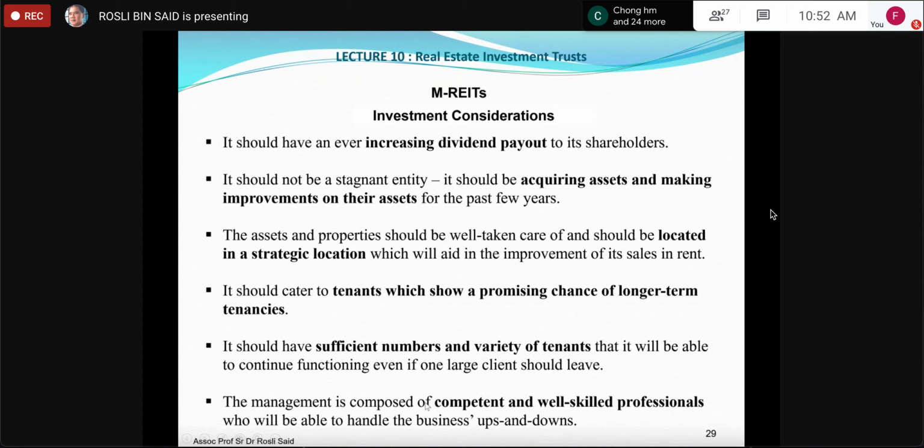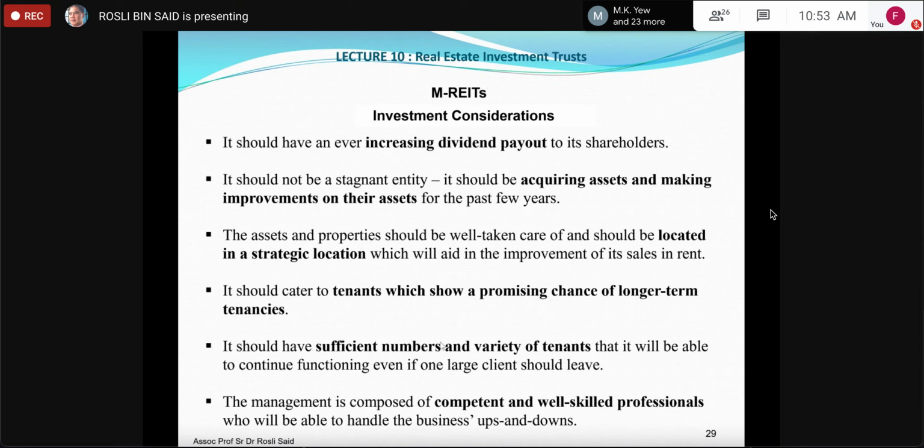And the management is composed of competent and well-skilled professionals. Look at the management. Who is it? Who becomes the REITs director? If Dr. Rosli Said becomes the REITs director, no, don't invest. He's not a good person to be the director, for example. But if you find someone who is very good, then you see who are the main investors, apart from the board of directors.